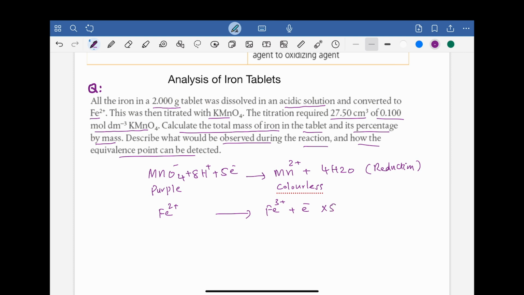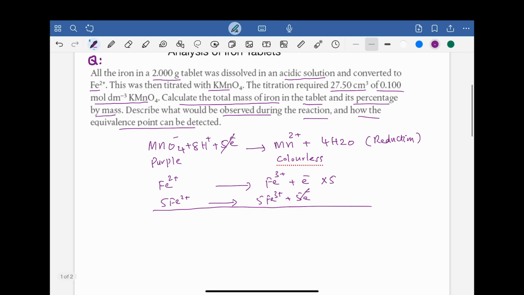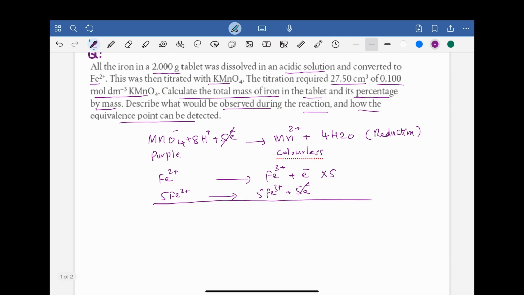So we will have 5Fe²⁺ giving 5Fe³⁺ plus 5e⁻. Now we can add both equations. So electrons will cancel with electrons, and we will have MnO₄⁻ plus 8H⁺ plus 5Fe²⁺ on the reactant side.